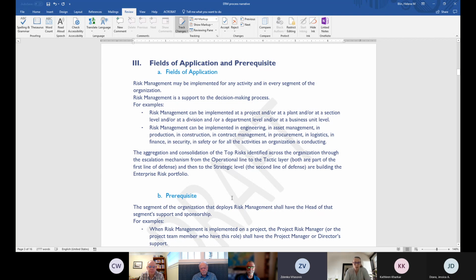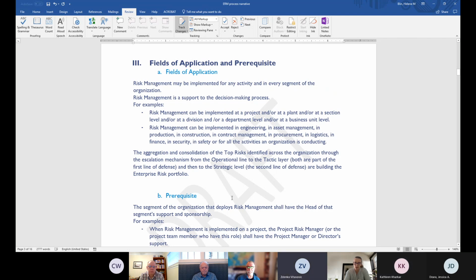Okay. So the field of application. Here we really state that risk management can be implemented for any activity and in every segment of the organization, which ties back to what Scott was mentioning a moment ago. So risk management is a support to the decision-making process. That's very important.